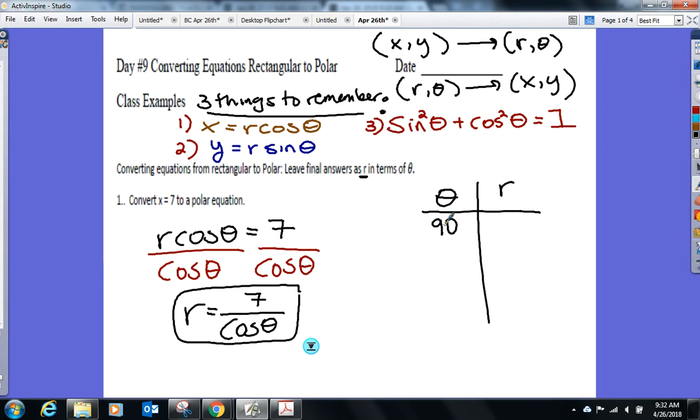You plug in 90, say you get 5 out. Do you guys know how to graph 5, 90 on the polar graph? Right, 90, count 5 circles, and then there's your point. You plug in the angle, you get the R value out, you plot the point. That's where we're going with these. Okay, everyone good? Whether you cared or not, but I do.